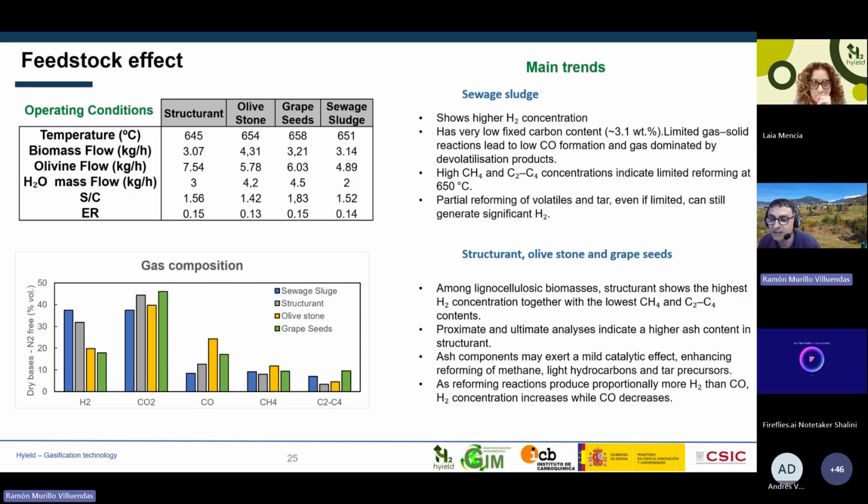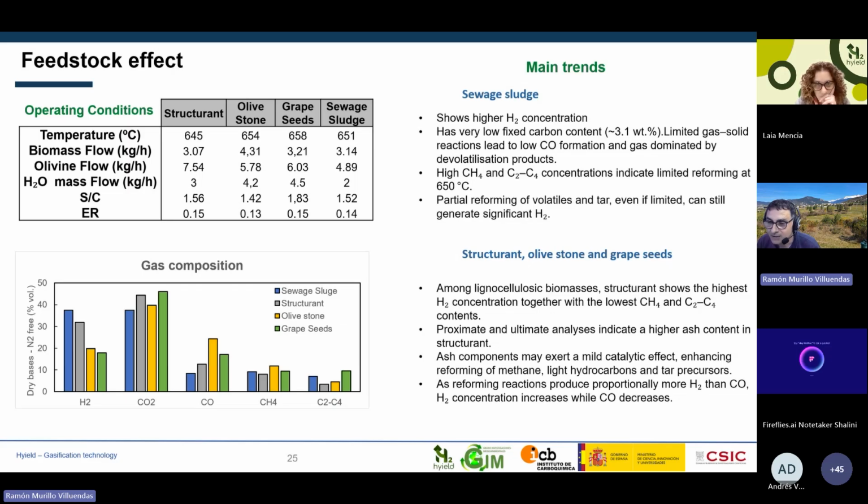These ash components may exert a mild catalytic effect, favoring secondary reforming reactions of methane, light hydrocarbons and tar precursors, even at the lowest temperature of 650 degrees C. As reforming reactions typically produce proportionally more hydrogen than carbon monoxide, enhanced reforming activity leads to a faster increase in hydrogen concentration, while carbon monoxide decreases in relative terms.